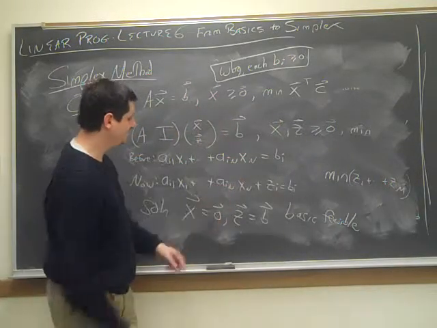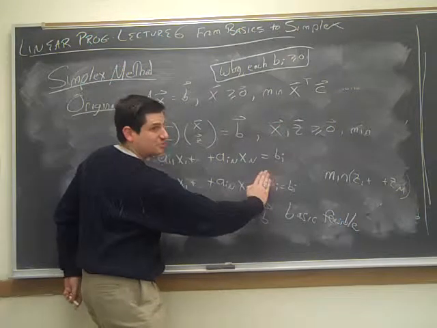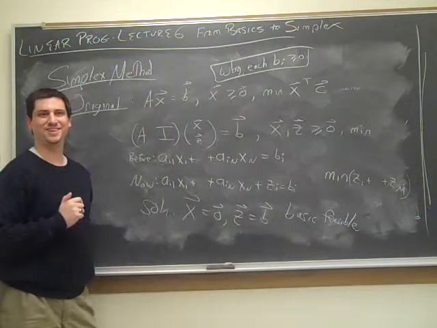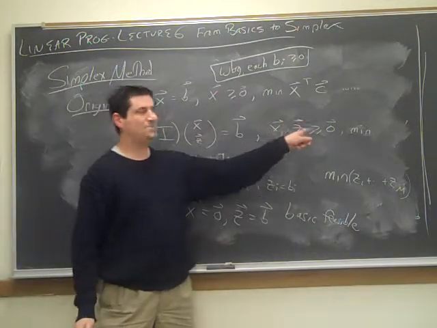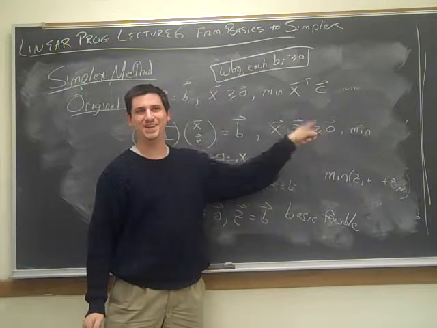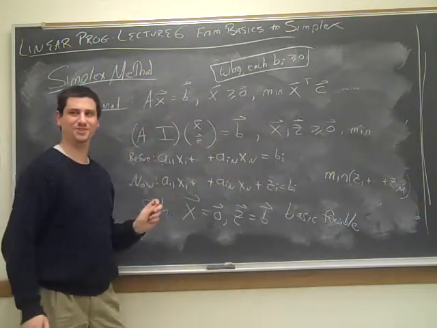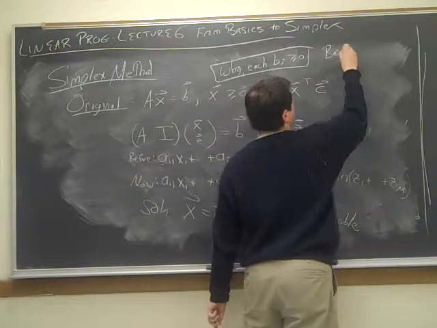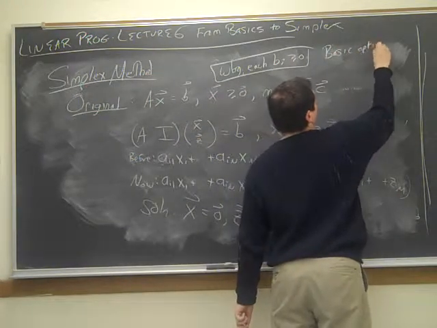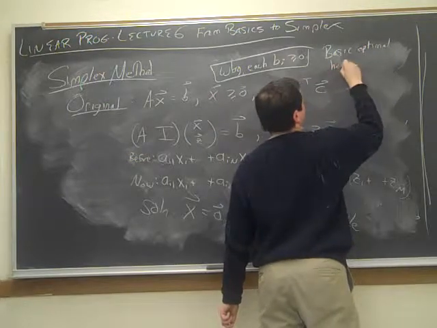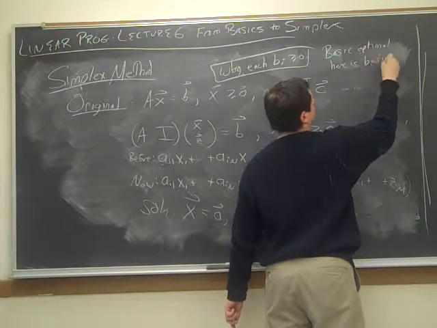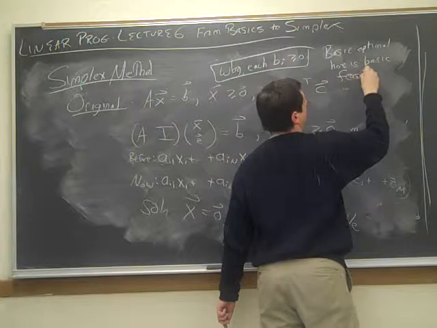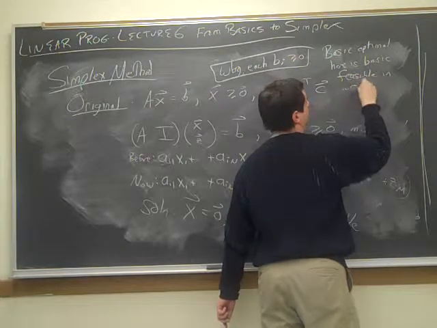If all the z's are 0, then we're just solving the original equation. A basic optimal solution to this problem is a feasible solution to the original. So basic optimal here is basic feasible in the original.